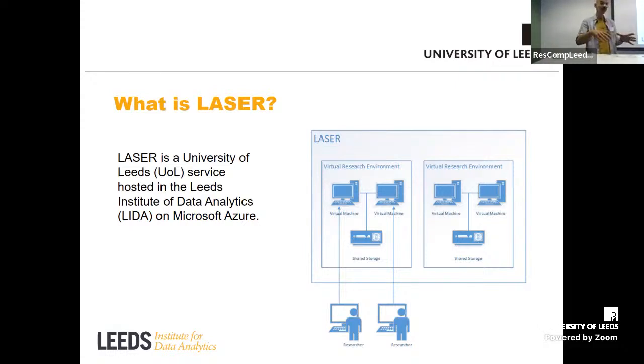It's its own resource group that has some project storage and a virtual machine. We can remote into the virtual machine and access that project storage. There can be more than one virtual machine for concurrent users, and you can scale the virtual machines up and down to increase or decrease processing power. And it's all network segregated, so there's no internet access from inside a virtual research environment, or VRE, as we'll start calling it.